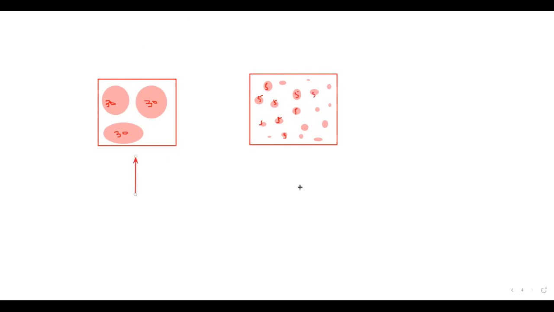We are heating both of them. Which one do you think the particles will move faster? The lighter or the heavy particles? So which material do you think the particles will move faster?